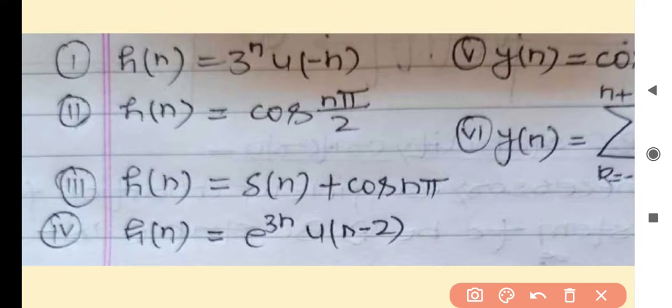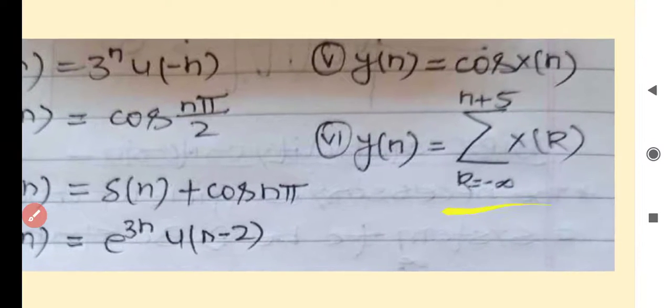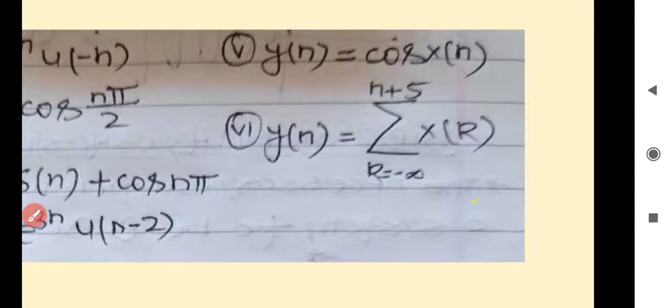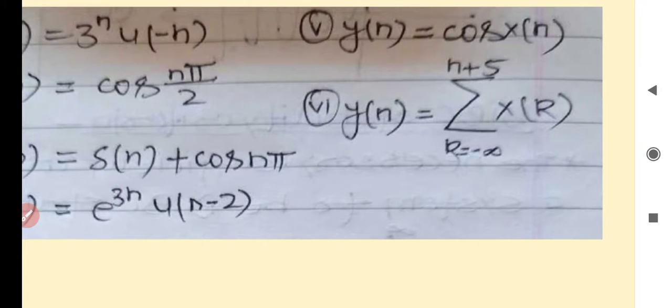The next example is as given here. y[n] is equal to cos of x[n]. In this example, the impulse response is not given. It is simply given that the input of the system is x[n] and the output of the system is y[n].